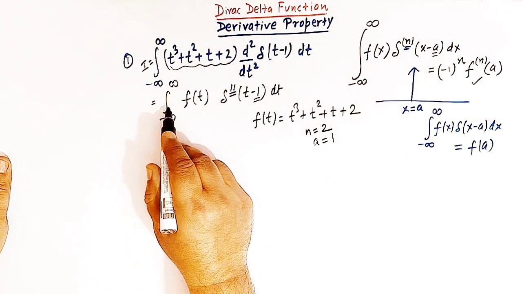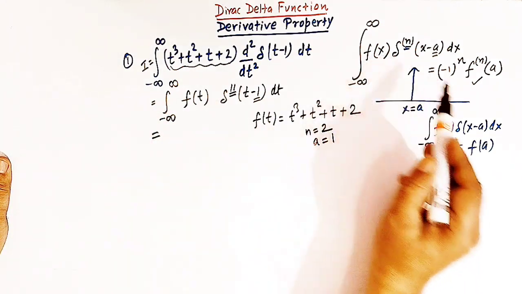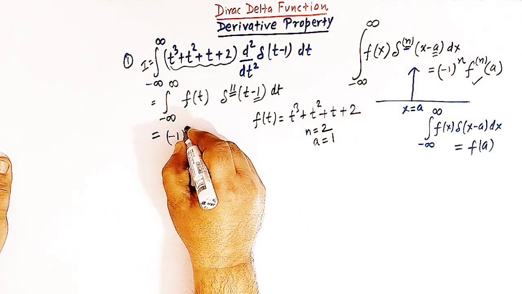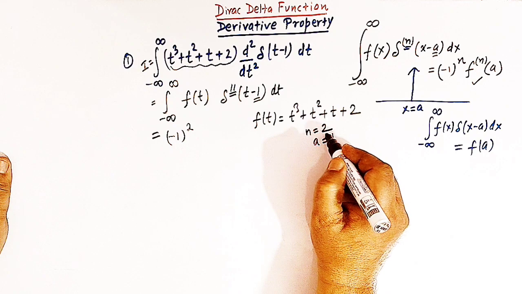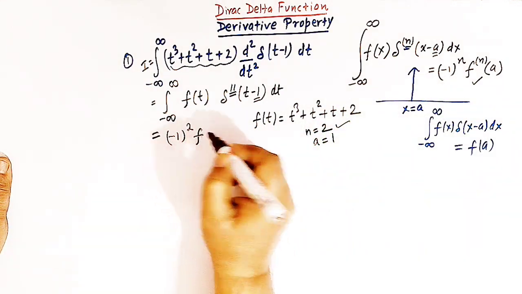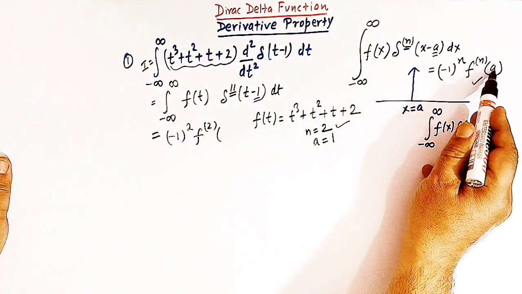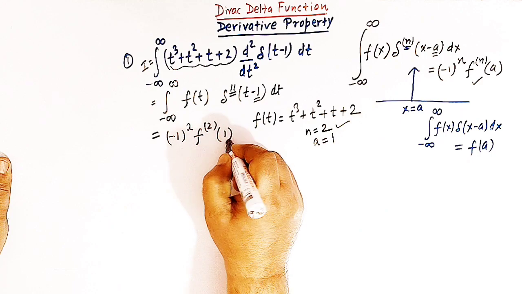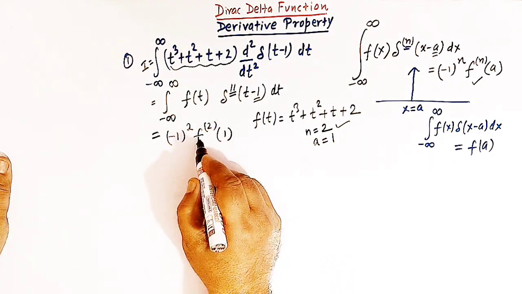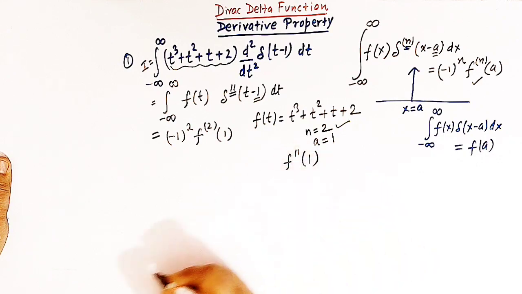So now the value of this integral due to this property is given by (-1) raised to 2, because the value of n is 2, and then we have f^(2) of 1, where a is given by 1, right? This can also be written as f double prime of 1.